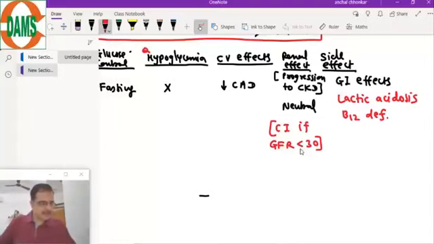It is contraindicated in renal disease because it is metabolized through the kidney, and if it is not excreted from the body, there will be chances of lactic acidosis, which is life-threatening. Therefore, it is contraindicated in kidney failure. The maximum dose of metformin is 2 grams.